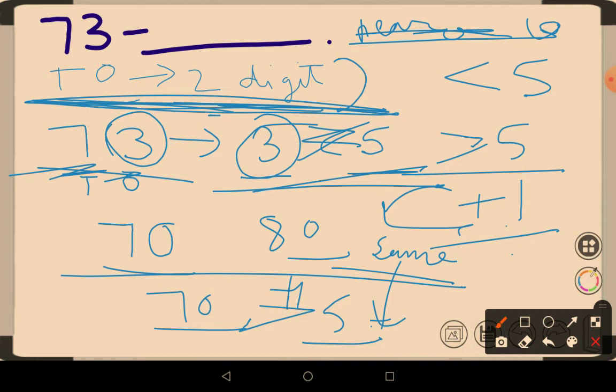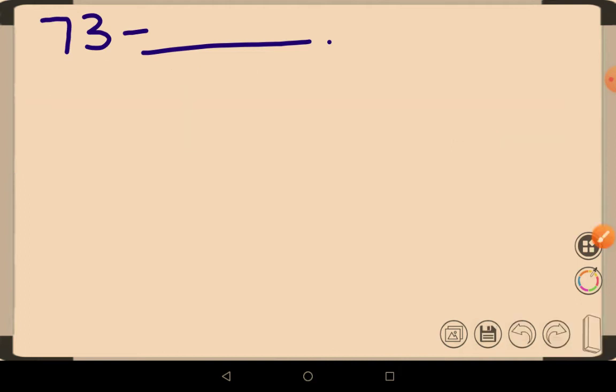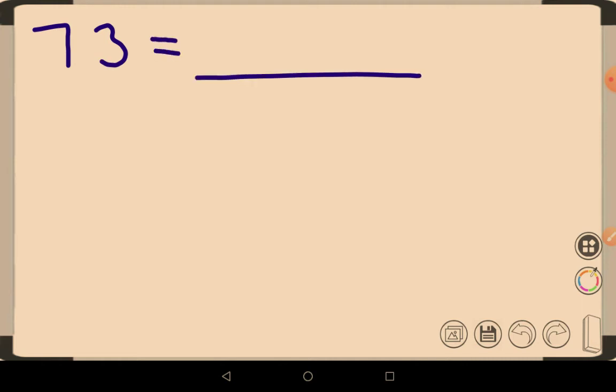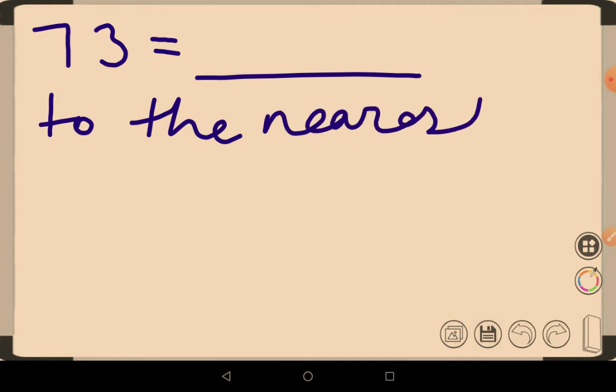Okay, so you understood this. So what I did was compare with 5. So 73 to the nearest tens, the answer is this 70.